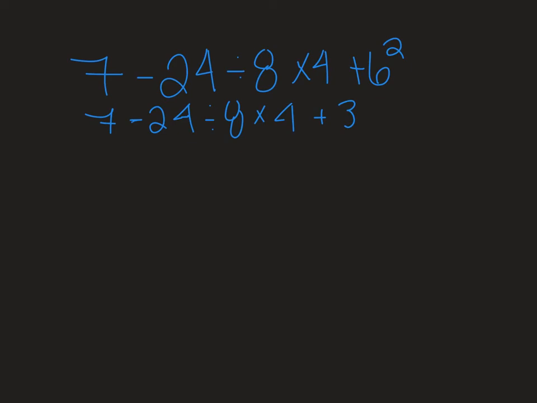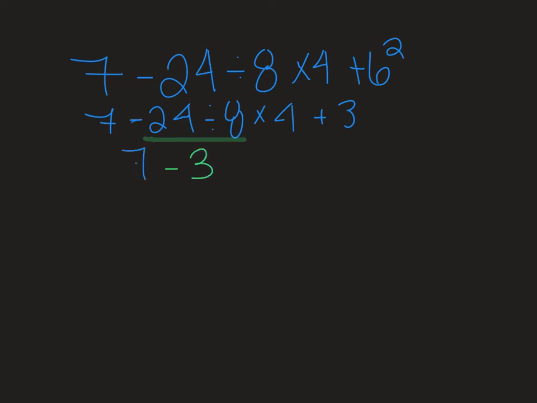So as you're reading this problem, the first thing I actually have here is division, and then I'm going to do the multiplication. So negative 24 divided by 8. So this is going to be negative 3.